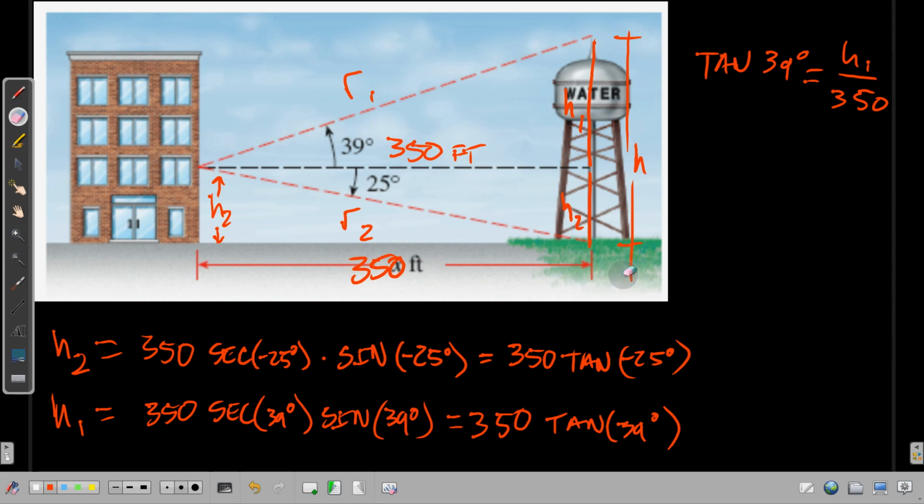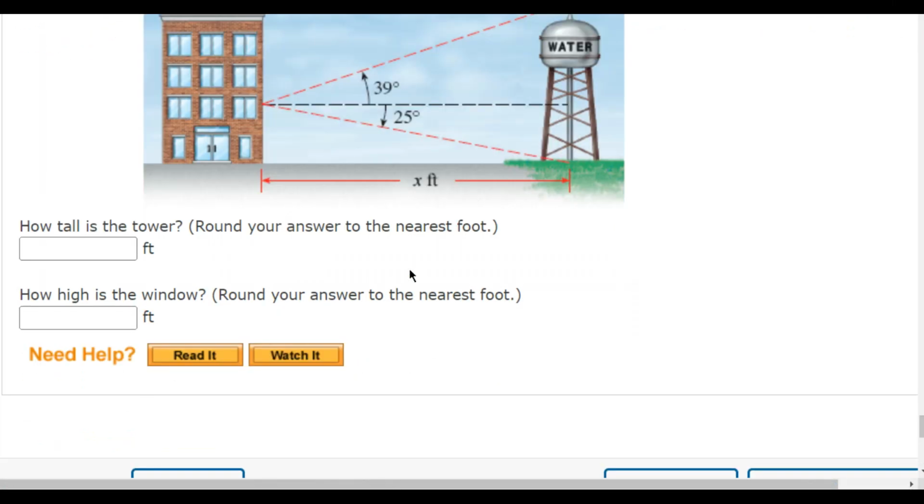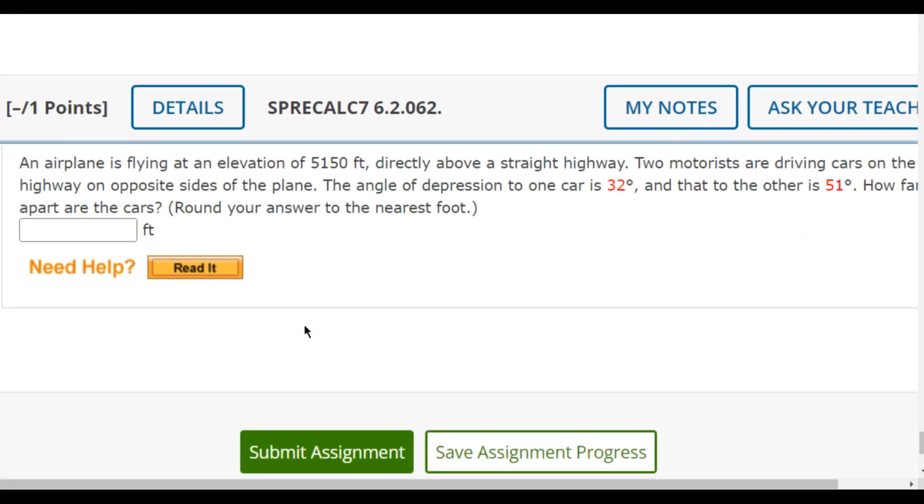Actually, sorry, I don't even need the R1 because tangent is the slope. That's probably where we should have just started. The tangent of 39 is the slope of this line, and the tangent of minus 25 is the slope of this line. And then the answer is immediate. That's a heck of a lot easier. See how that tangent comes in handy?